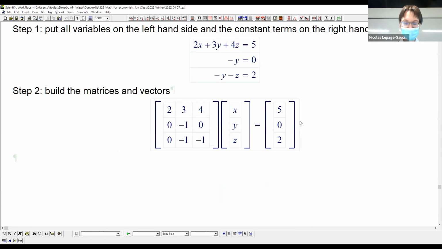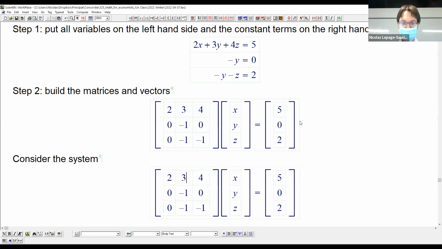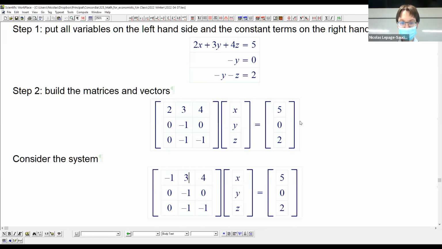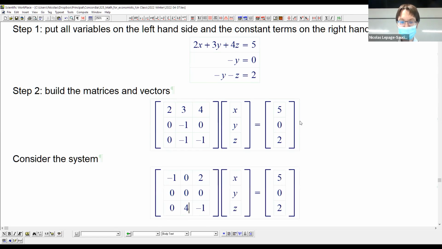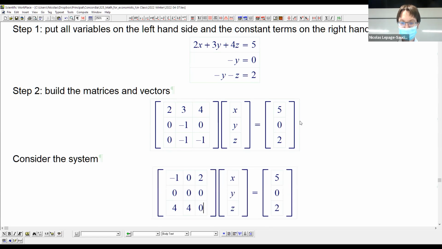Now consider the system. Change stuff a bit. So minus 1, 0, 2, 0, 0, 0. Why not? Not saying it's a good system or anything. Or 4, 4, 0. Then it's 1, 2, 3.